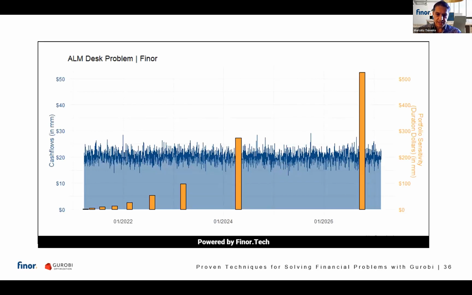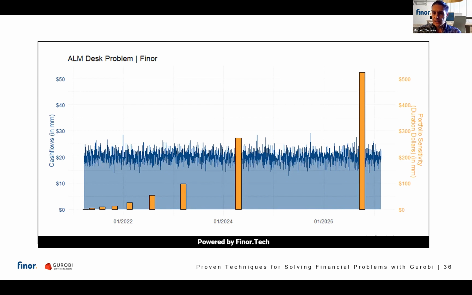As you can see, the cash flows are represented on the left-hand y-axis in blue. And the risk to each segment of the yield curve is represented by those orange bars, which calculate the dollar duration for each partition of the yield curve, and represent, on the right y-axis in orange, the change on the portfolio by 1% change in the interest rate.